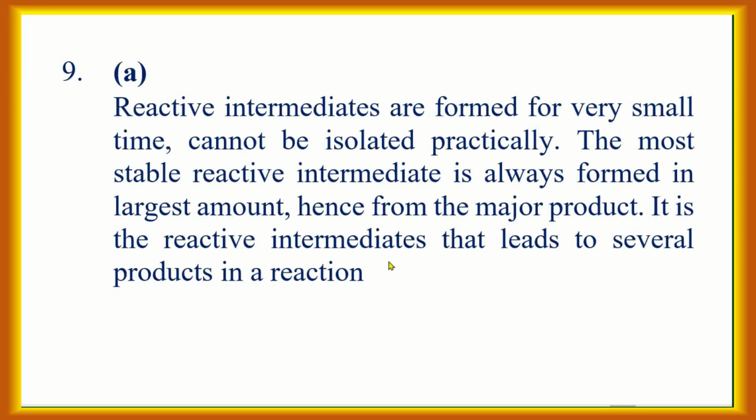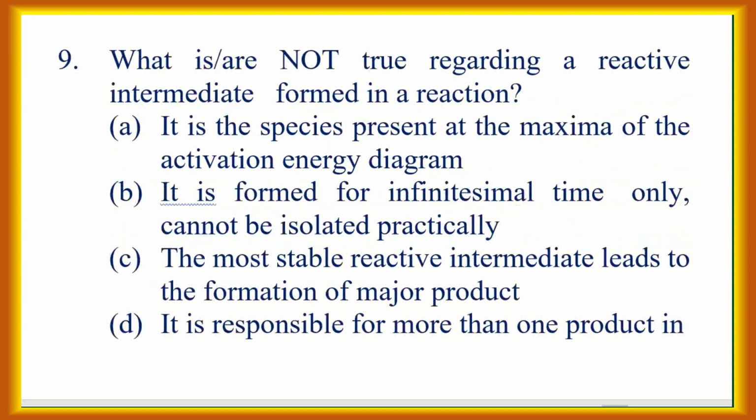It is the reactive intermediate that leads to several products in the reaction. Back to the question: the first option says the species is present at the maxima of the activation energy diagram. Activation energy diagram means at the peak point. Here the time is very short, so we can't determine the rate of the reaction.